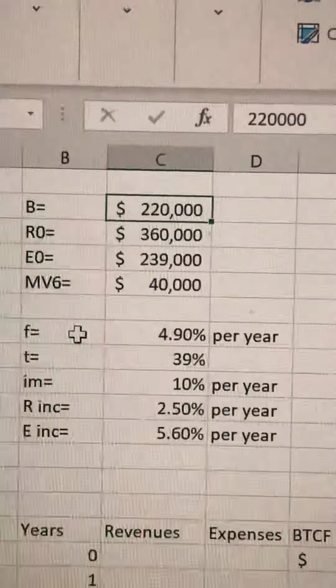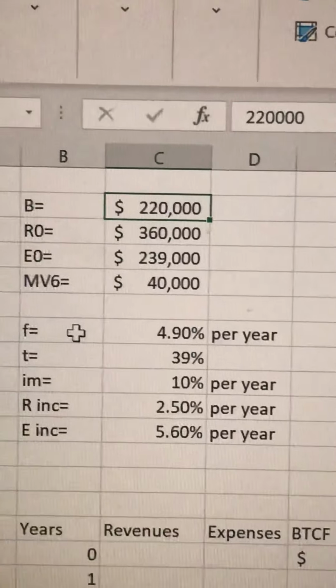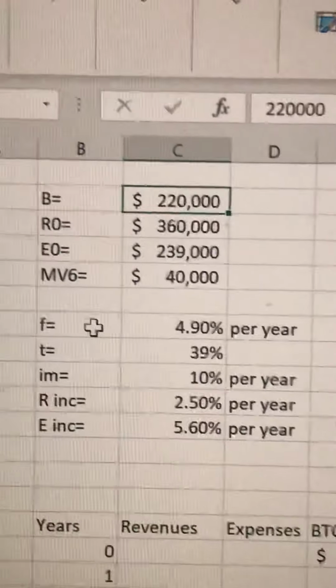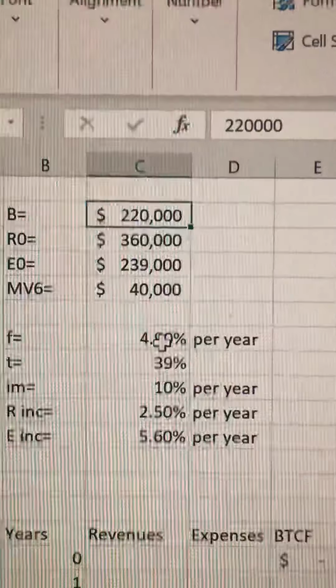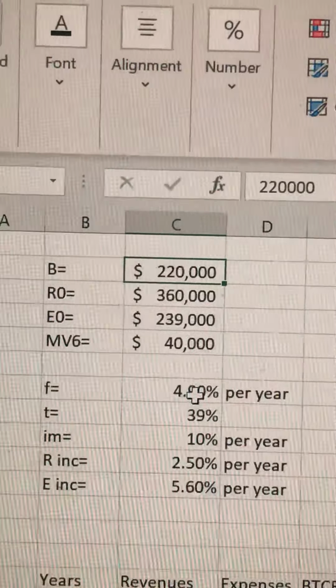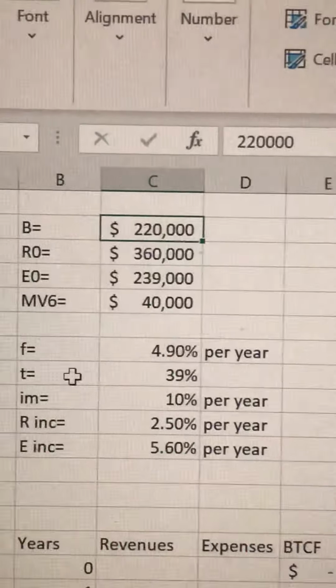We're also given a general price rate, which is the interest is the inflation.